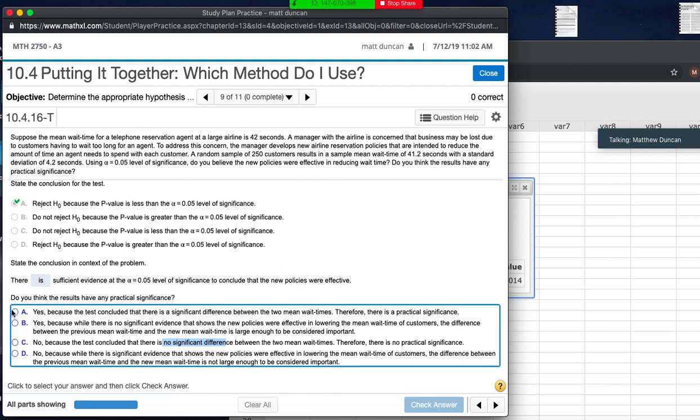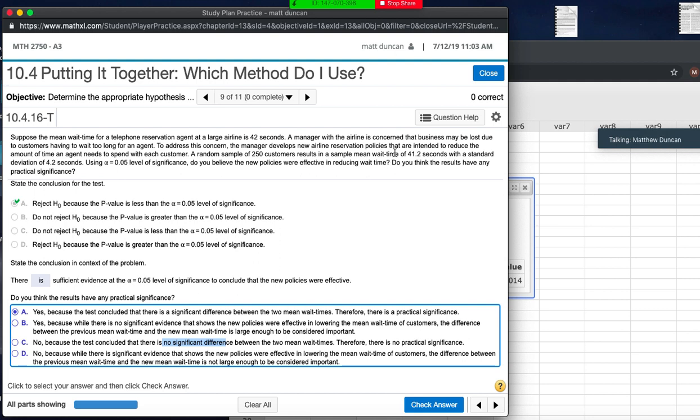To me, it's got to be A. And the reason I say this, and tell me if I'm wrong, but I'm pretty sure it's A, because here it says while there's evidence that shows the new policies were effective in lowering the mean wait time of the customers, the difference between the previous mean wait time and the new wait time is not large enough to be considered important. I can see their point, but we don't know the average. We don't know the new average wait time.